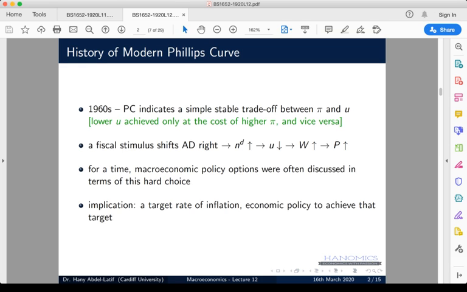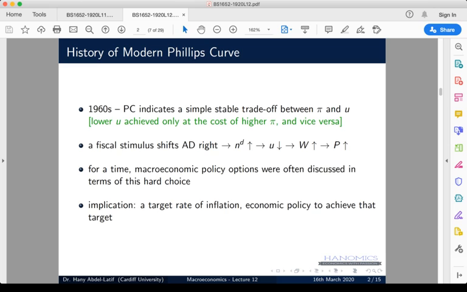And the idea here was that for whatever reason, maybe as a result of an expansionary monetary policy, the aggregate demand has shifted to the right. That means now higher demand, and firms and businesses will respond to that by increasing their demand for labor, and increasing demand for labor would mean that the unemployment rate will drop.